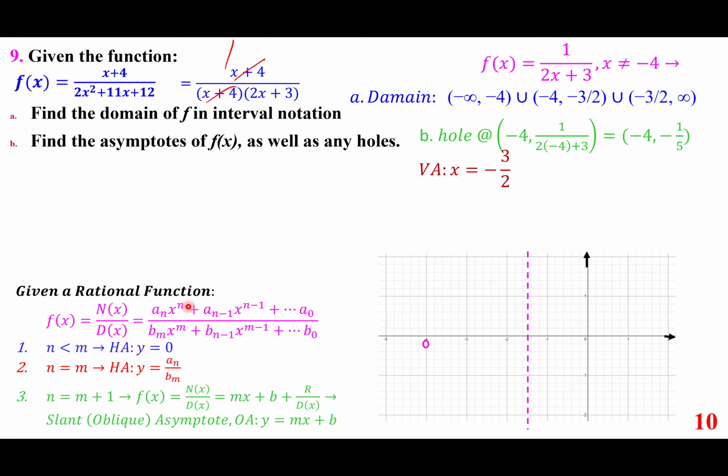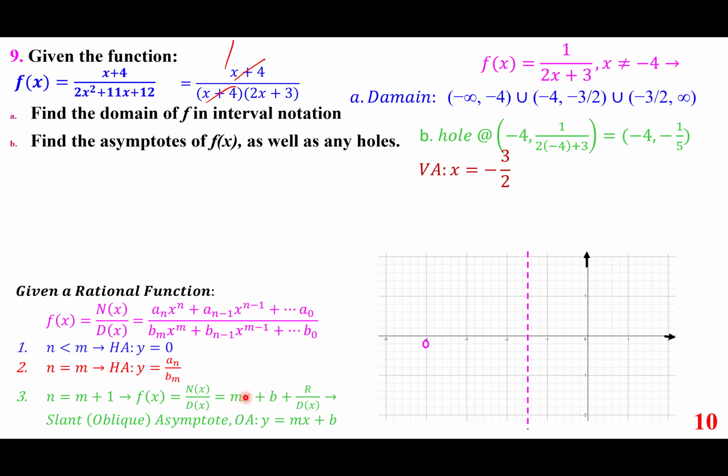If n is equal to m, then the concept of asymptote is what happens in a long run. In a long run, everything becomes small compared to these two. So the leading terms take over. Since they have the same degree, they cancel each other, becomes a sub n over b sub n. If the numerator has a degree which is larger than the denominator by precisely 1, then we could use long division or synthetic division to come up with the answer.